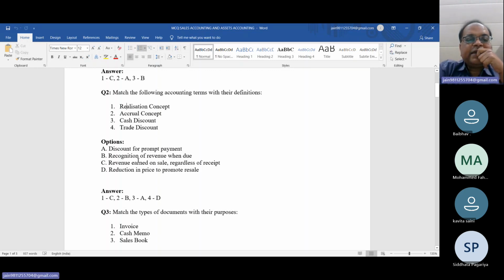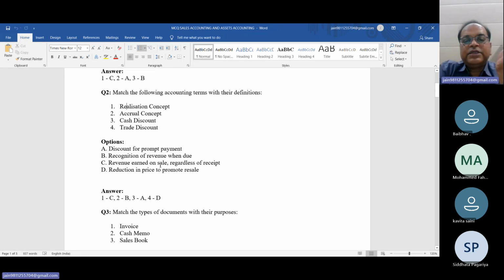And number second, recognition of revenue when due. So this is called the accrual concept. Whenever income is due, then we have to record it. So this is called the revenue accrual concept. Revenue earned on sale regardless of the receipts is called the realization concept.